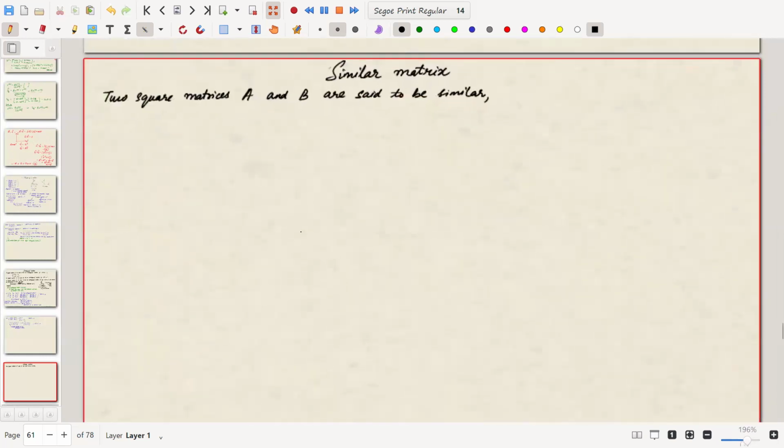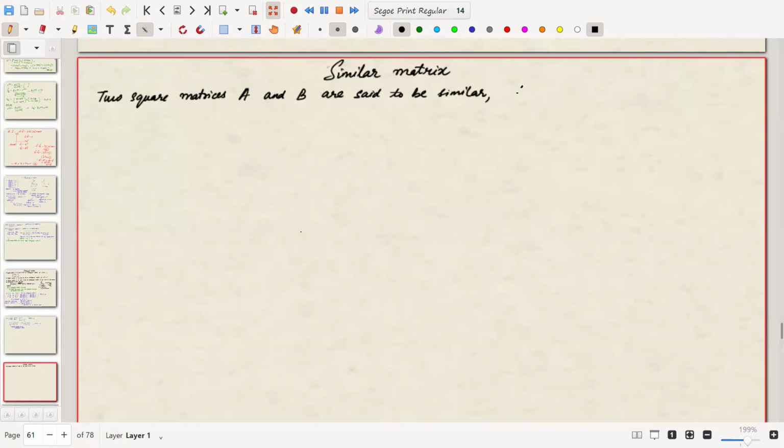Two square matrices are said to be similar if there exists an invertible matrix, which I'll call P, such that P inverse AP is equal to the matrix B. This invertible matrix P cannot be just any invertible matrix, it has to be of the same order.